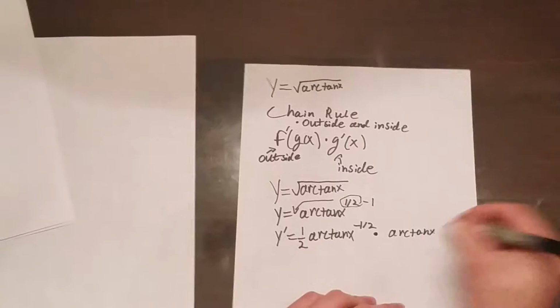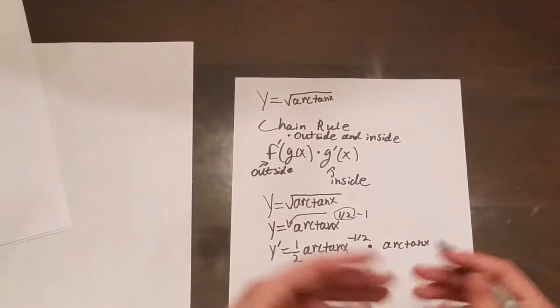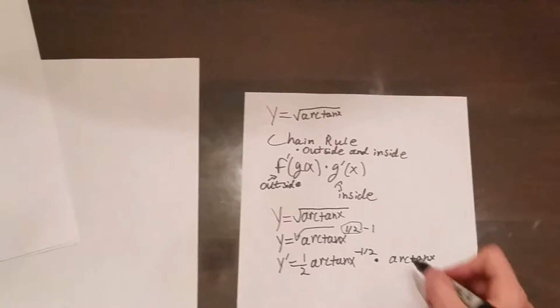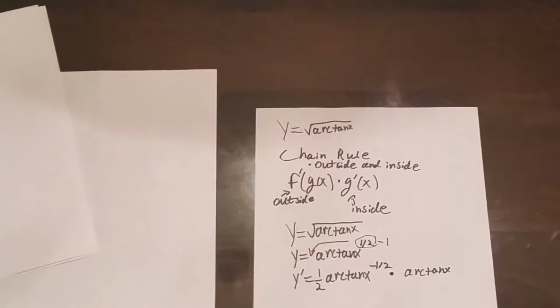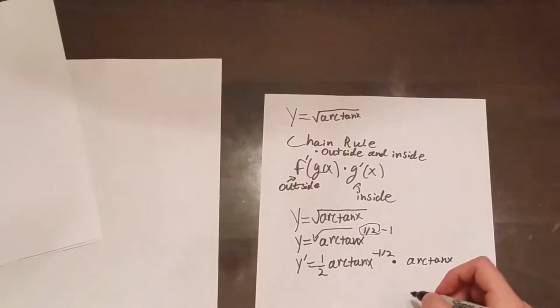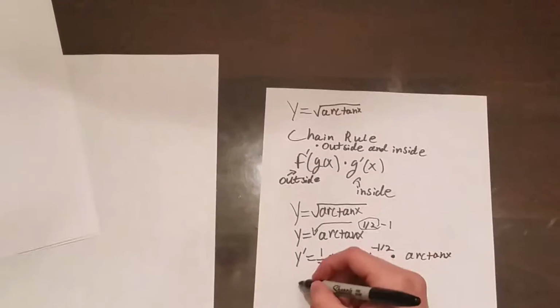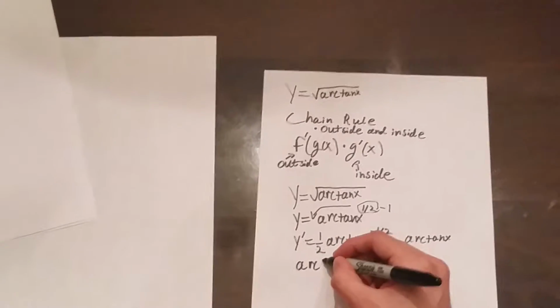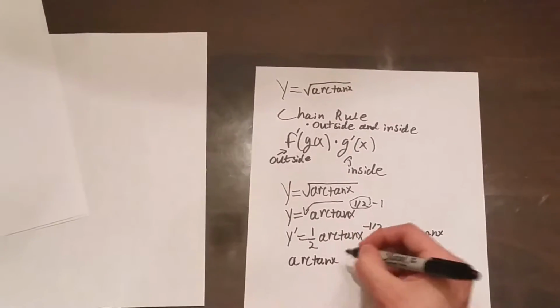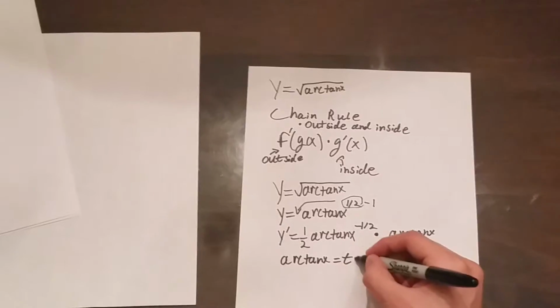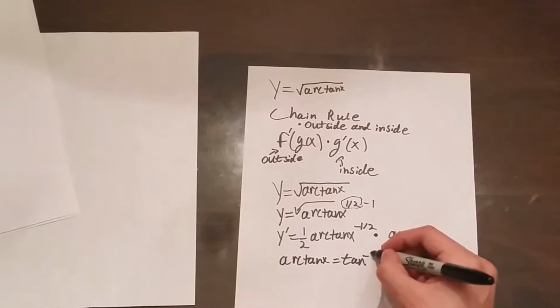arctangent of x. Now many of you will be asking, okay, well, how do I do this? Well, one way of determining this is that arctangent is really inverse tangent.